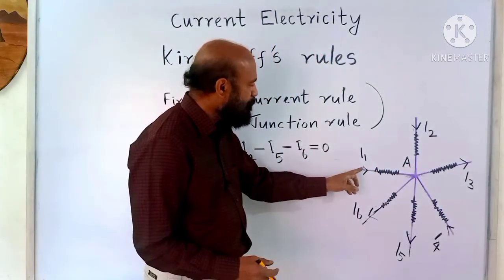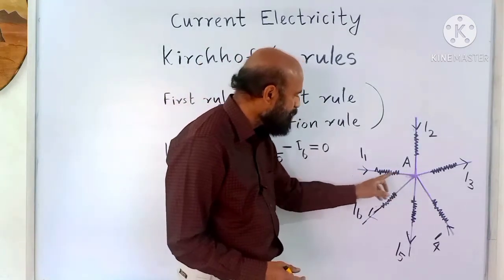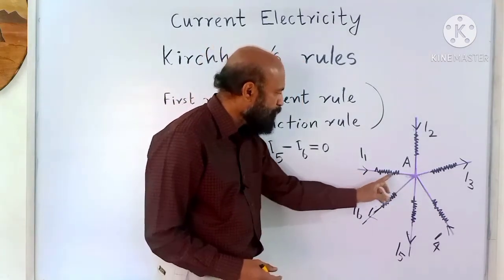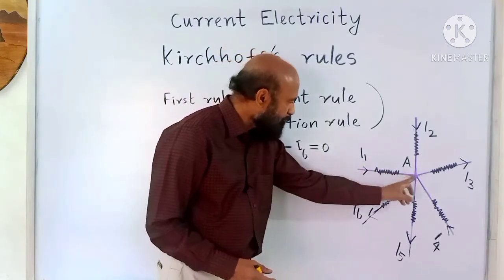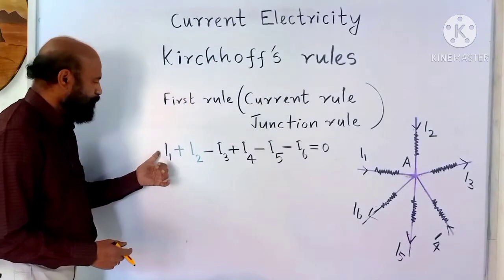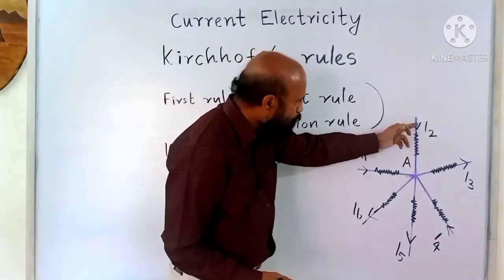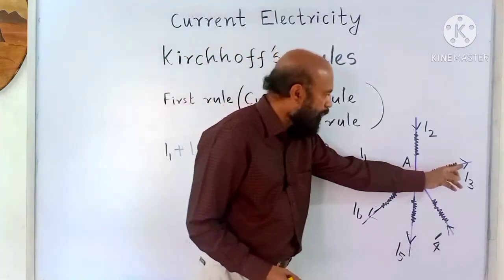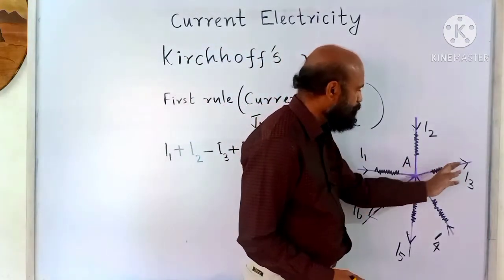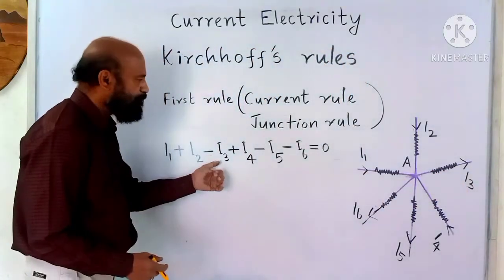So you can see here current I1 is coming towards the junction, that is understood from this arrow. Arrow is directed towards the junction. So I1 is coming towards the junction, so positive plus I1. I2 is also coming towards the junction, so plus I2. But see the arrow here outward. So current is going away from the junction, so minus I3.